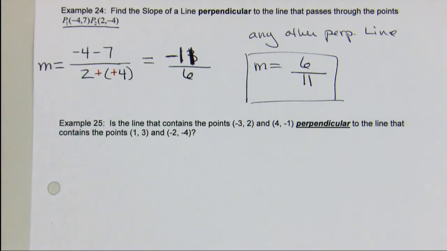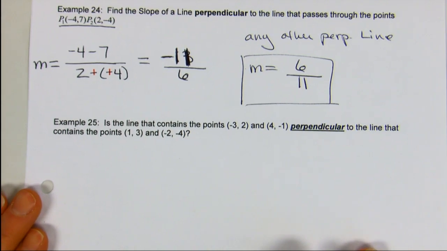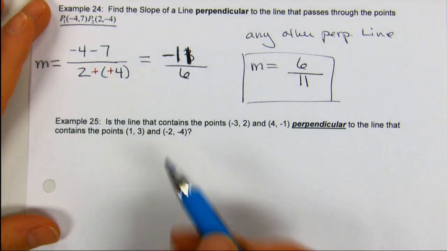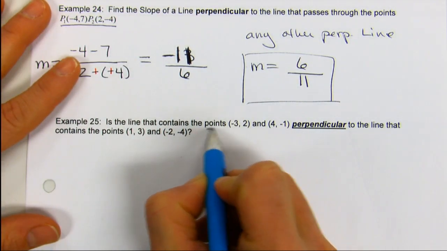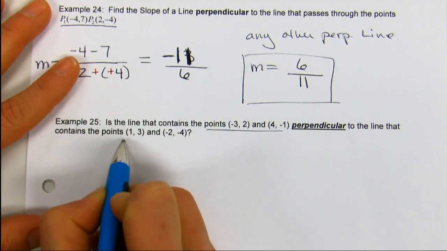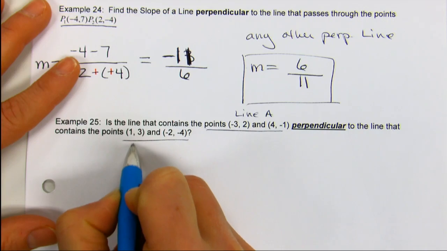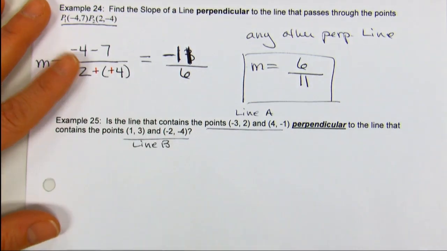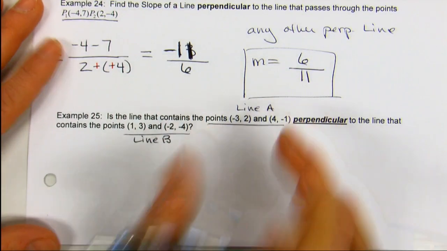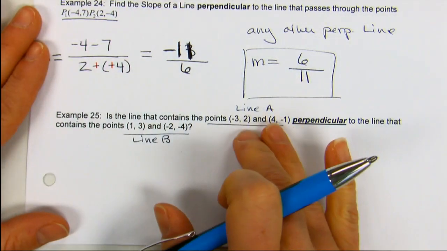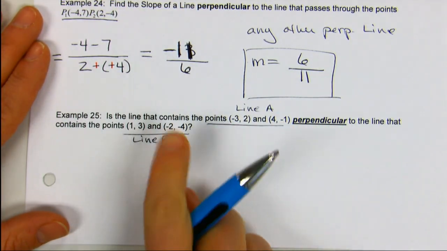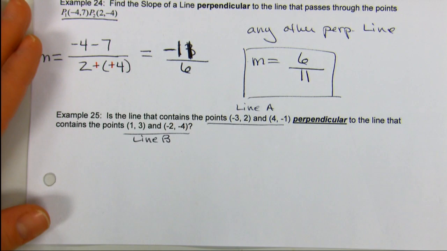Another way of comparing these problems that you'll see in the homework is it'll say the line that contains these points, is it perpendicular to the line that contains these points? So let's call this line A and this line B, just to give them names so you can separate them. You don't have to graph it, you just know this is a line running through these 2 points and this is a different line running through the 2 points.